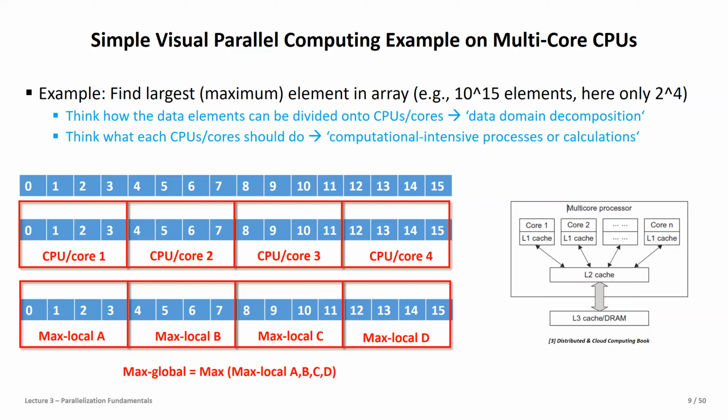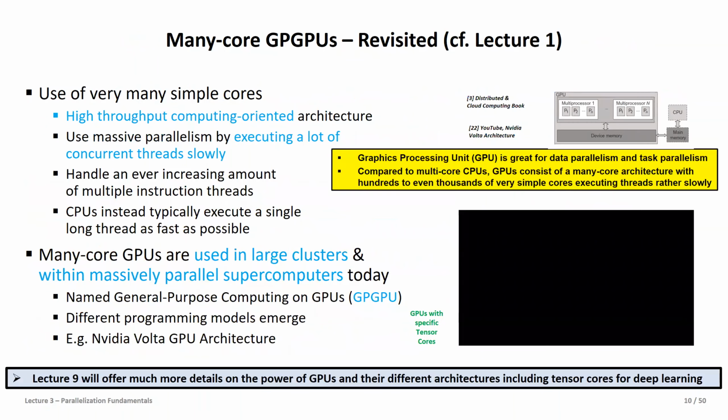So it is obvious that if you face a big problem, and here we are in divide and conquer again, which we had in the initial slide sets of this course, you would break a big problem into smaller pieces. That is the key idea of parallel computing.